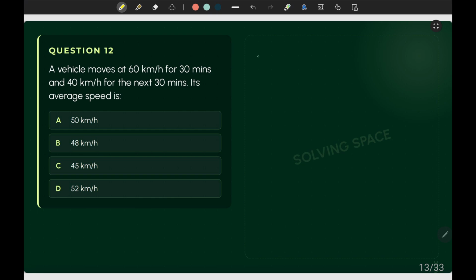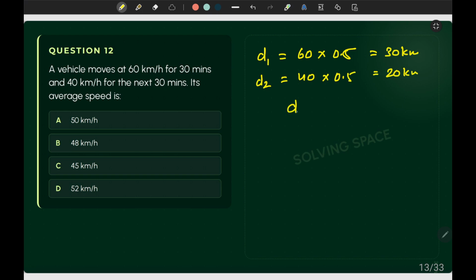We first calculate the distances in both cases: 60 into 0.5 hour, and similarly 40 km per hour into 0.5 hour, which give 30 km and 20 km. Total distance 50 km, total time 1 hour. So average speed will be total distance by total time, 50.